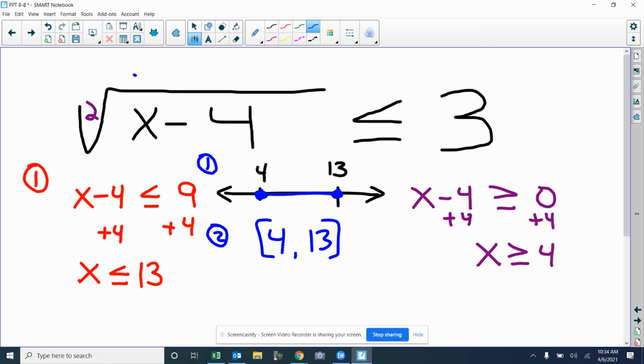There we go. Set builder, finally. x such that 4 is less than or equal to x, less than or equal to 13.